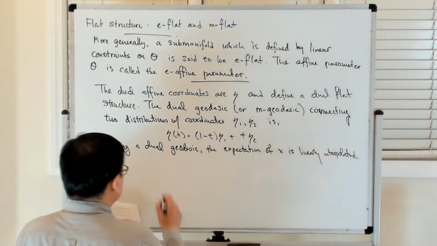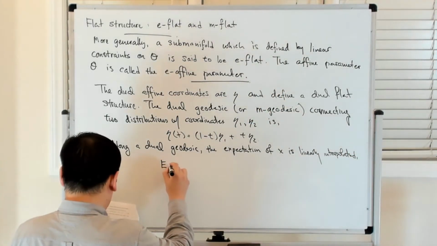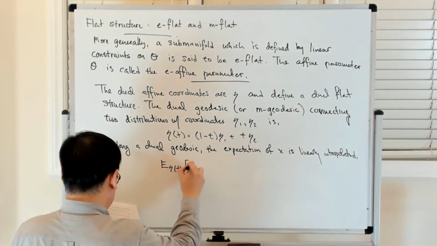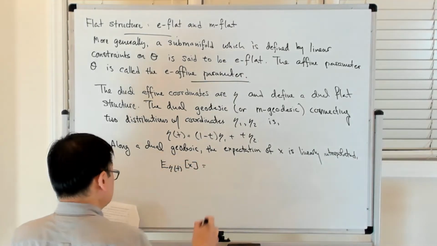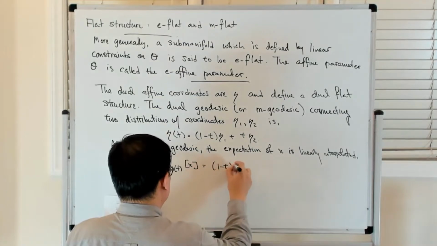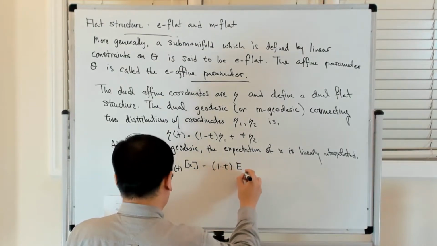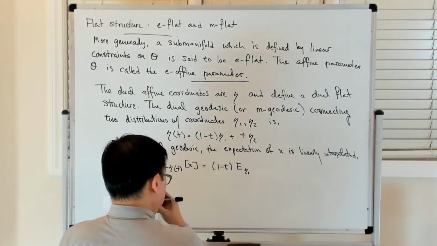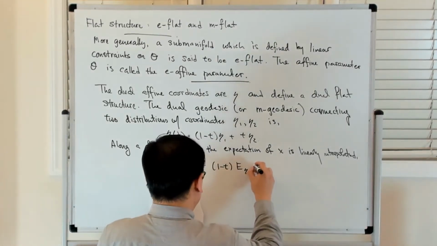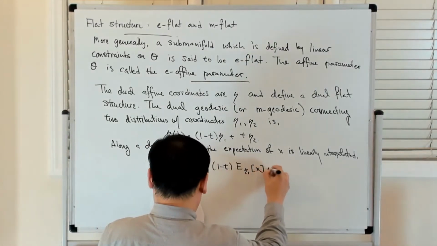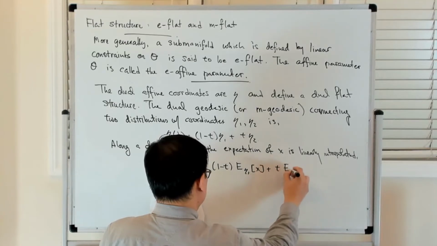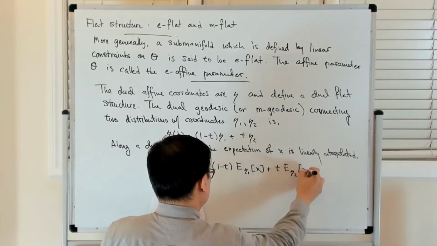So the expectation of x is (1 minus t) times the expectation at eta 1 of x, plus t times the expectation at eta 2 of x.